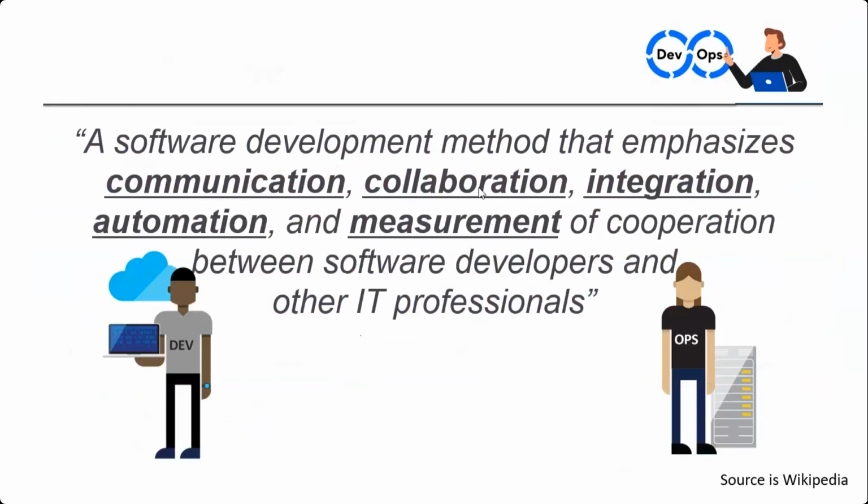And in terms of measurement, this is during the post-deployment phase. After you have made the deployment of the product or the system, the ops team will continuously monitor the platform performance.